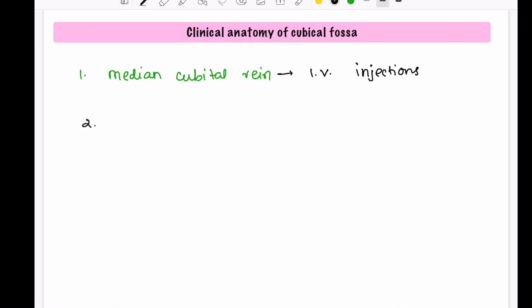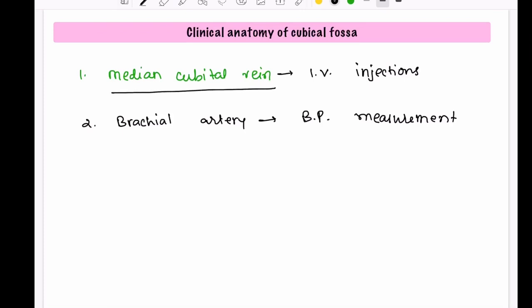Second is the brachial artery, which is used for the measurement of blood pressure. So these two are very important. The median cubital vein is the vein of choice for IV injections, and the brachial artery is used for the measurement of BP.